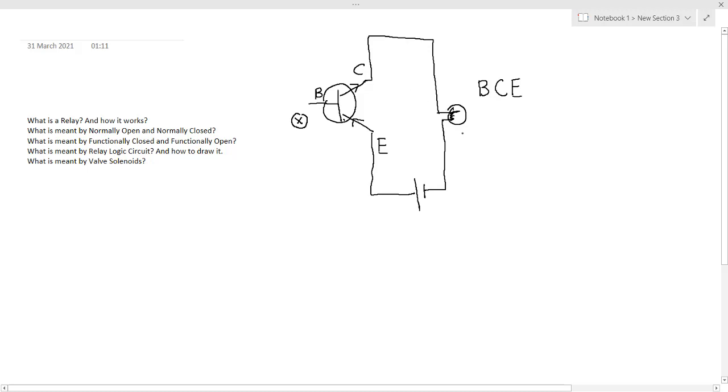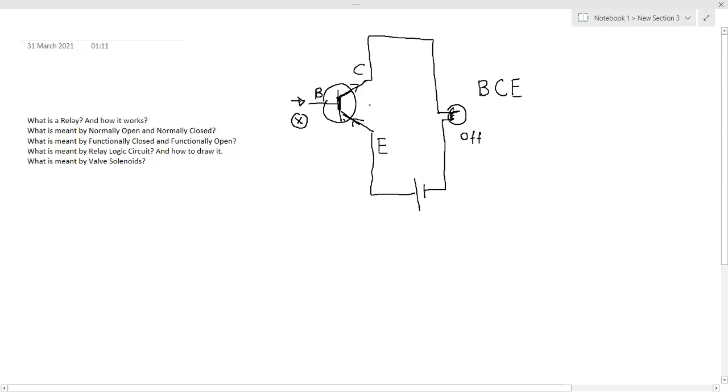The bulb is off. Okay, but as soon as you send some current to the base, what happens? Because the base receives some amount of current, it connects the emitter to the collector, so the current can flow from emitter to collector.